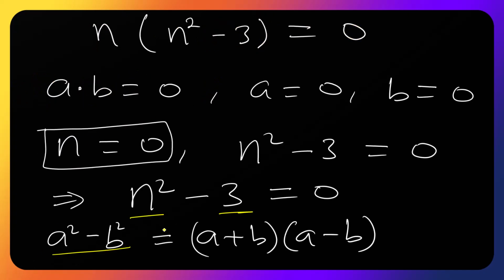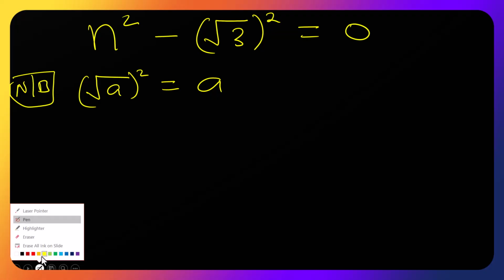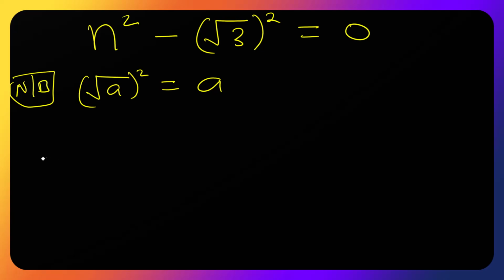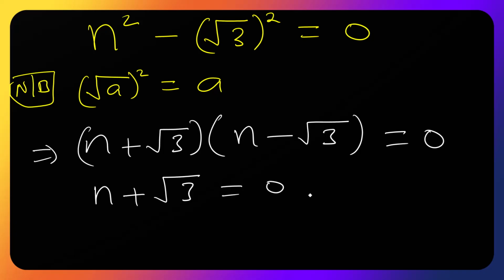Alright, so I'll write the difference of two squares as (n plus square root of 3)(n minus square root of 3) equals 0. So the first answer, n plus square root of 3 equals 0, and then n minus square root of 3 equals 0.